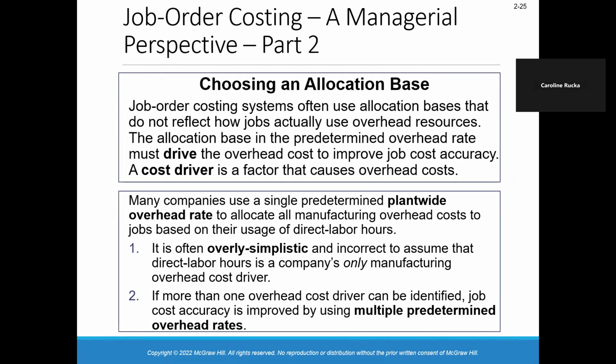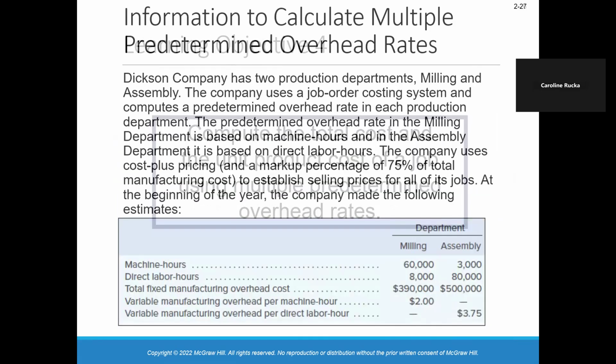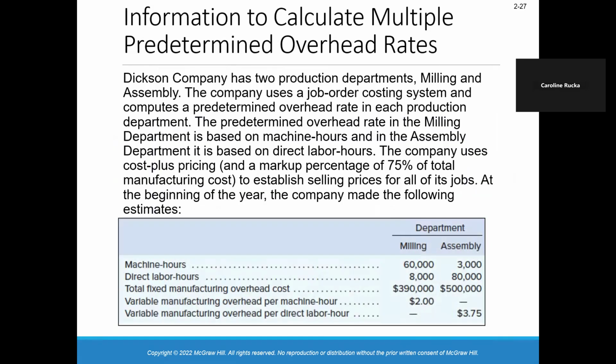But if you have a large operation, this is going to be way oversimplifying your model. If you're able to identify more than one overhead cost driver, it is possible to improve your model by using multiple predetermined overhead rates. And we'll see an example of that.